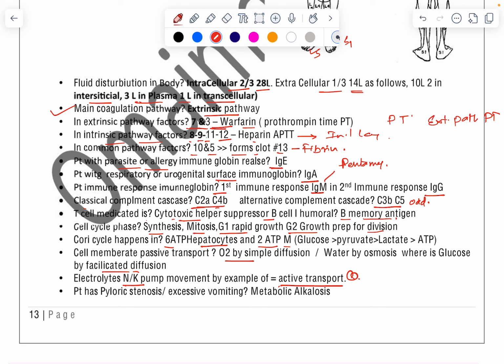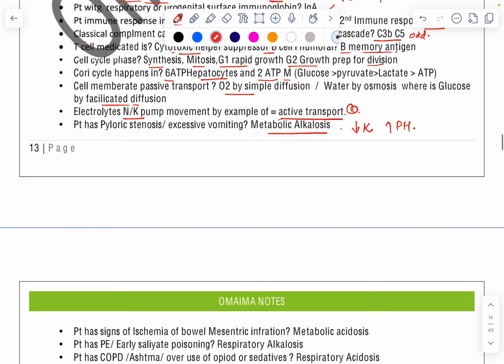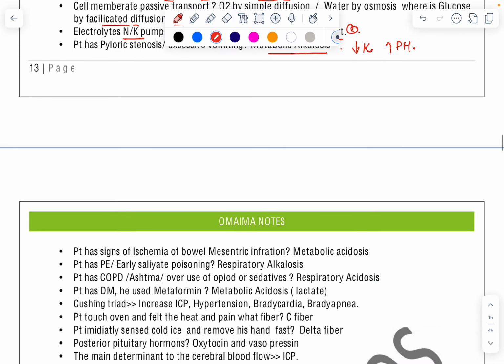This question: patient has pyloric obstruction with metabolic alkalosis. Decreased potassium, hypokalemia, increased pH: hypokalemic alkalosis. Ischemic bowel disease: acidosis.